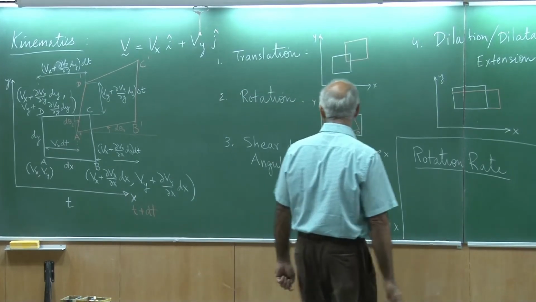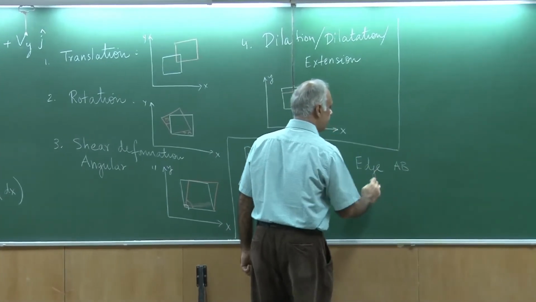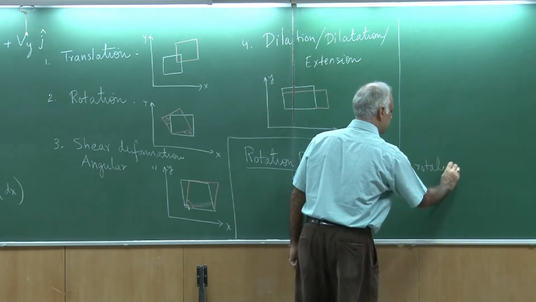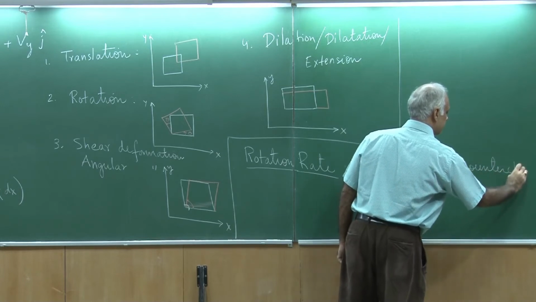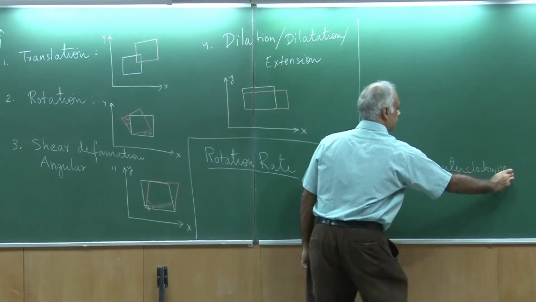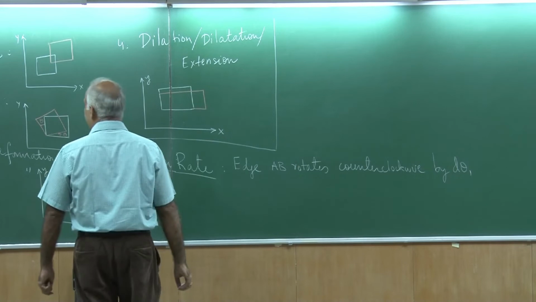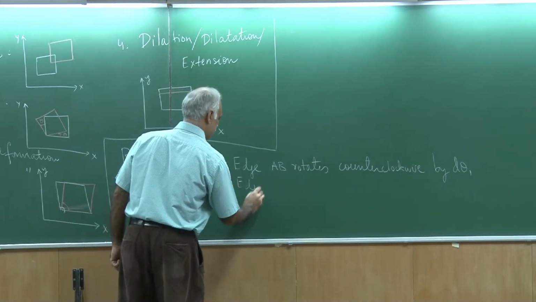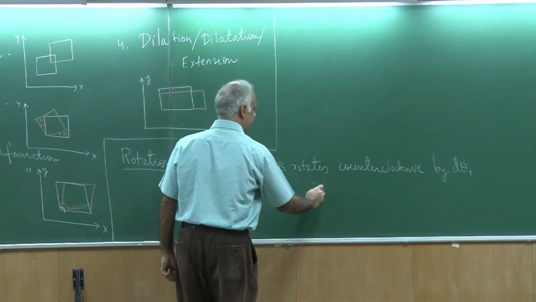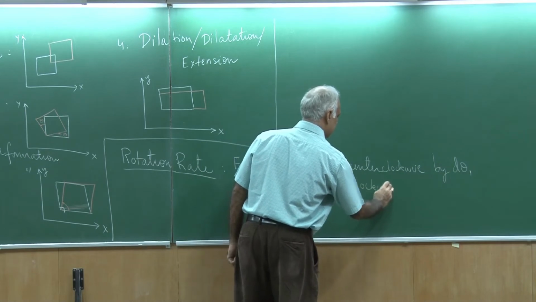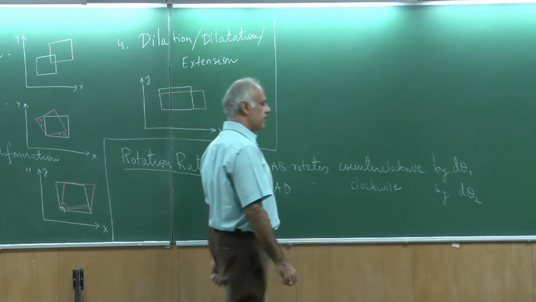So, I can see here that edge AB rotates counterclockwise by d theta 1, and edge AD rotates clockwise by d theta 2.